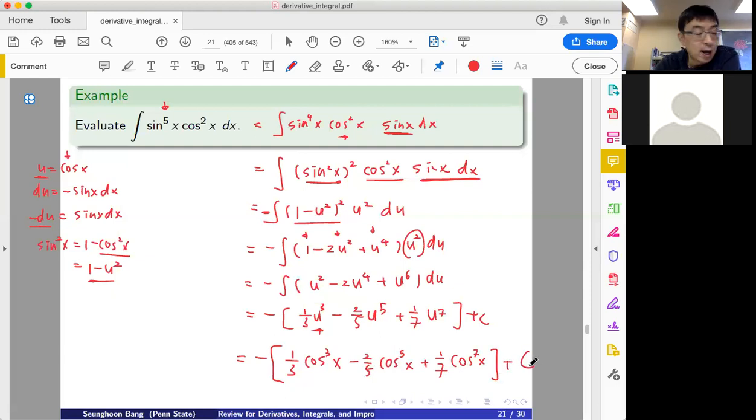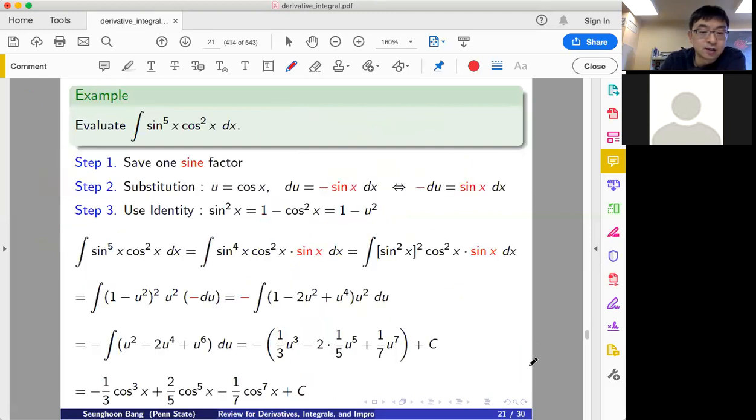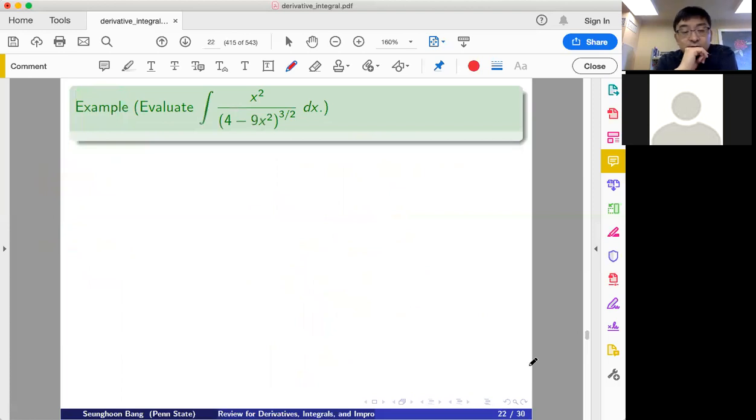This is the whole idea for solving this problem. The next one: how can you solve this problem?